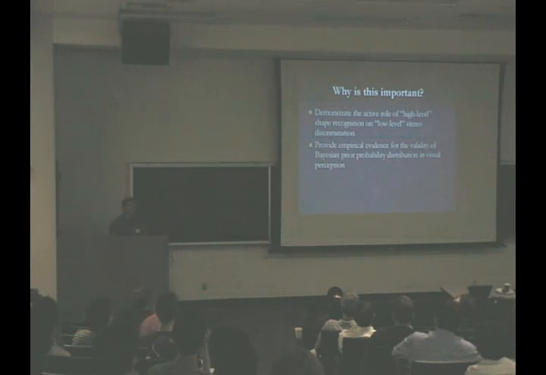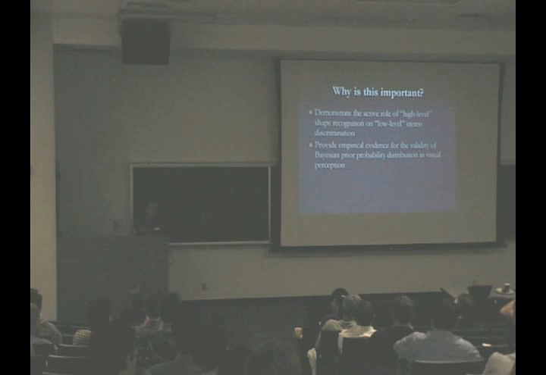Secondly, we try to provide empirical evidence for the validity of Bayesian prior probability distributions in the Bayesian approach to visual perception. We try to provide data to show that the Bayesian prior can indeed explain the result.